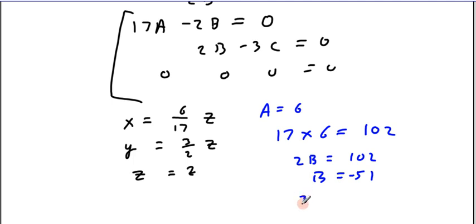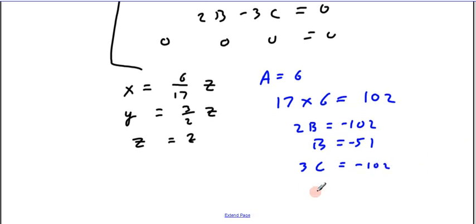And 3c has to be, this has to be minus 102. So c is going to be minus 34.